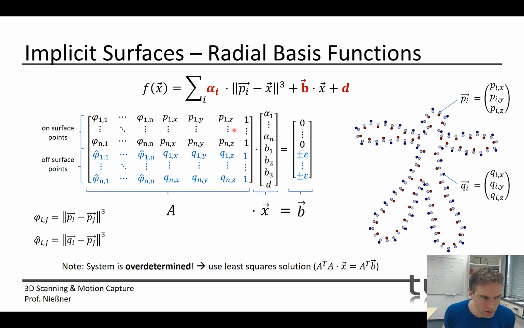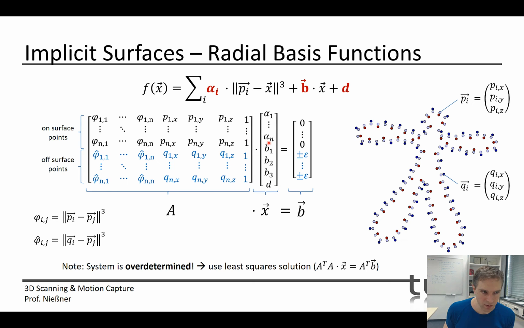So you can see what's happening here. You're multiplying this row with this column, meaning that all the coordinates of the points are being multiplied with this b here. Then you have n equations for n points, and another n equations for n off-surface points.